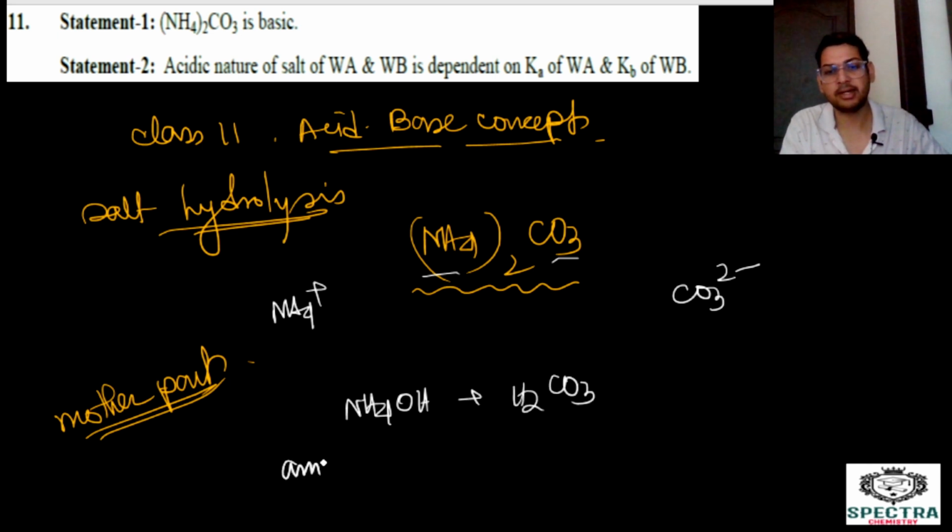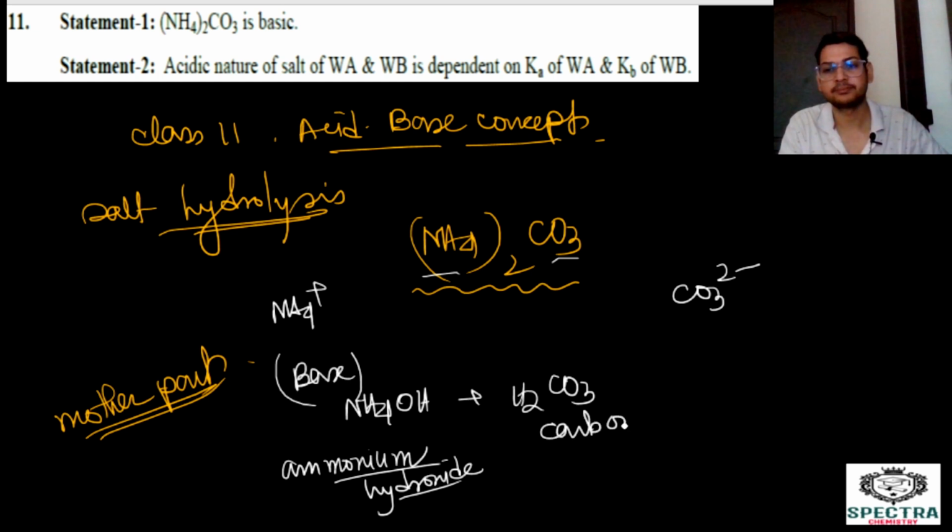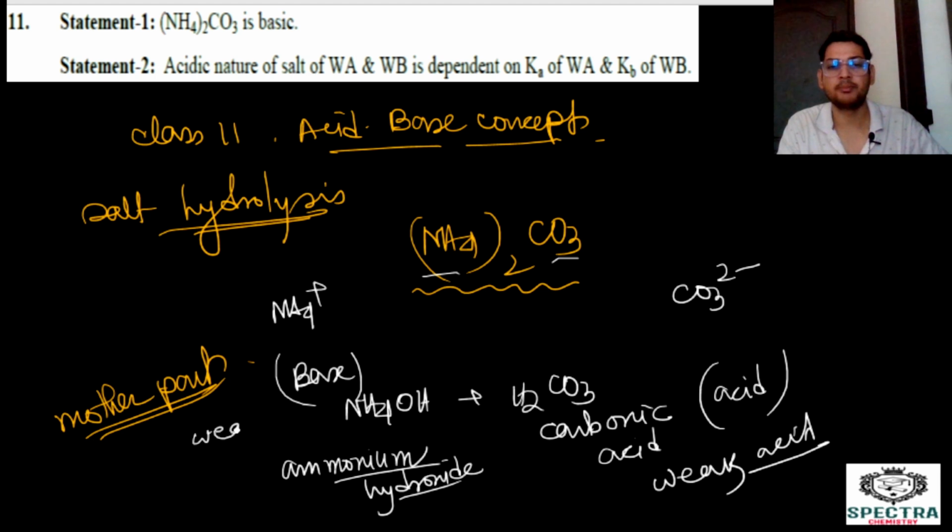That means ammonium hydroxide is the base, and carbonic acid is the acid. And sir, I know that this is also a weak acid and this is also a weak base, and if this is the case, then we cannot say whether the salt as a whole is acidic or basic, because that depends upon the pKa and pKb value.